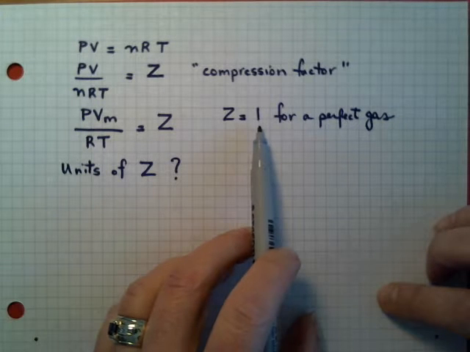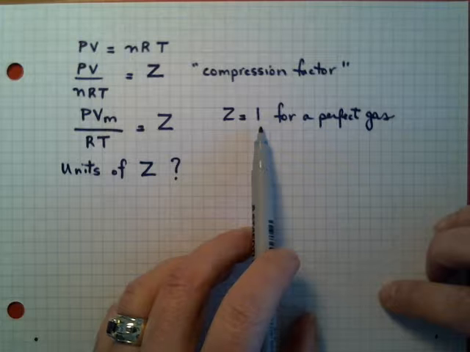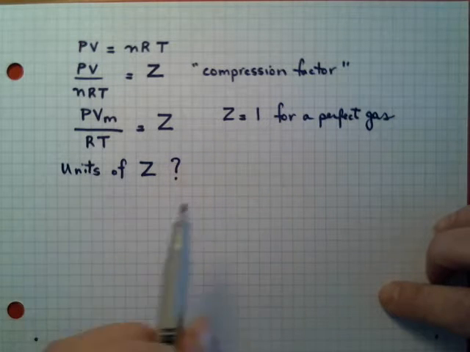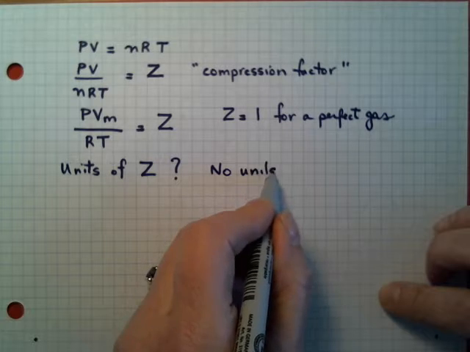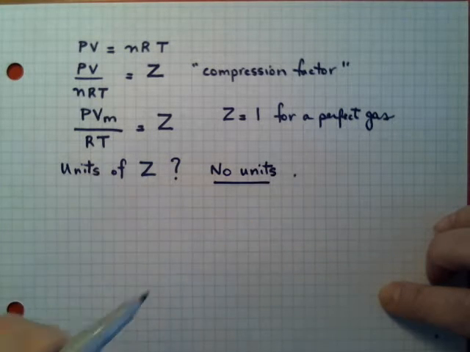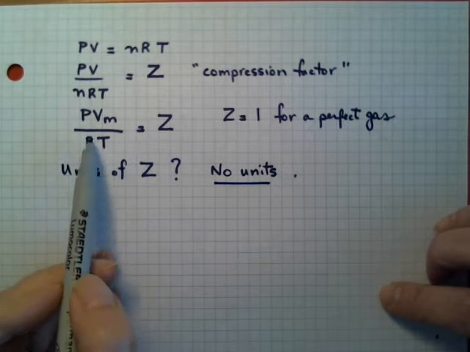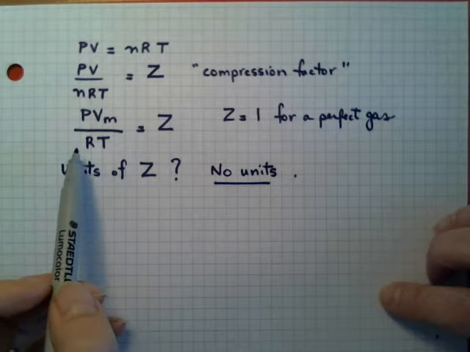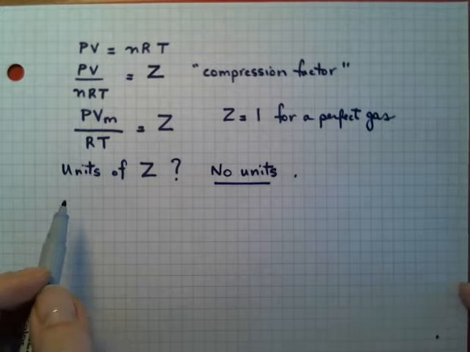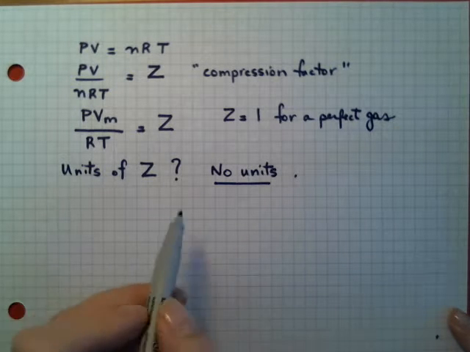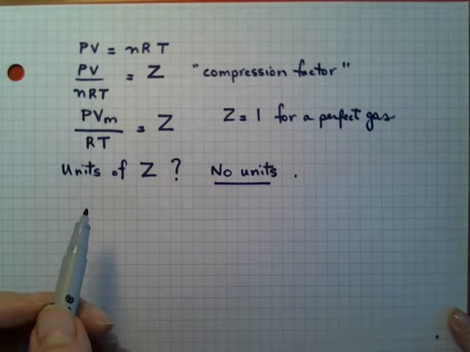Well, no, it actually is a unitless factor. So that means that if we were calculating Z from pressure, volume, and temperature information, we want to make sure that all the units cancel. And then we know that we're on the right path to solving that.